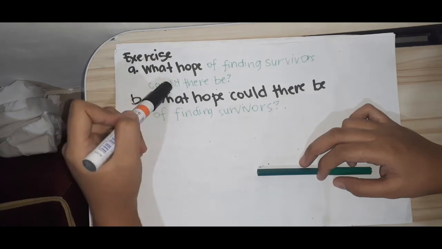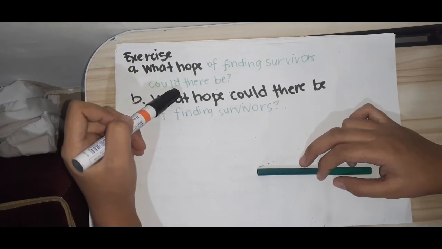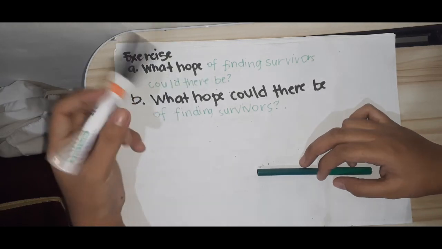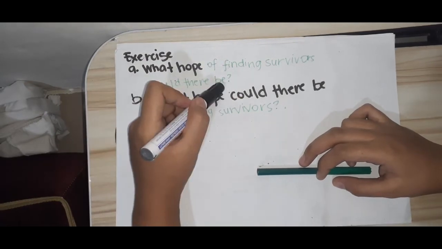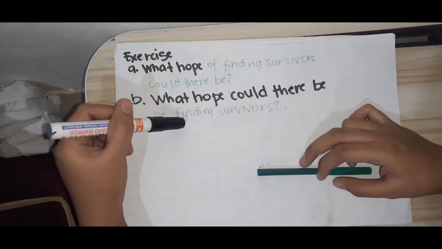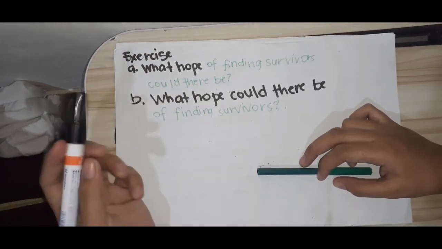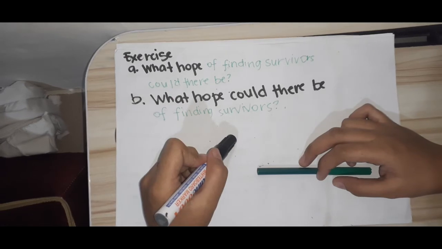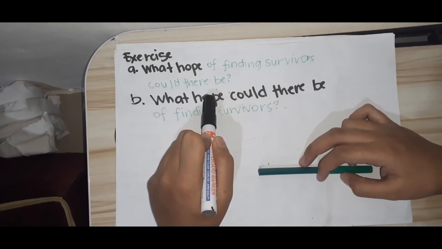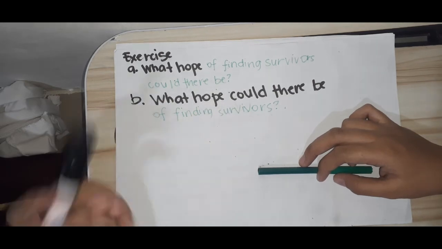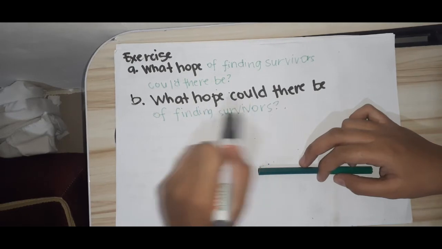So in letter A, this kind of sentence is unproblematic because it involves WH movement of the whole QP, or quantifier phrase. Whereas in letter B, it would seem as if only part of this QP, the string what hope, undergoes WH movement, leaving behind the prepositional phrase of finding survivors.